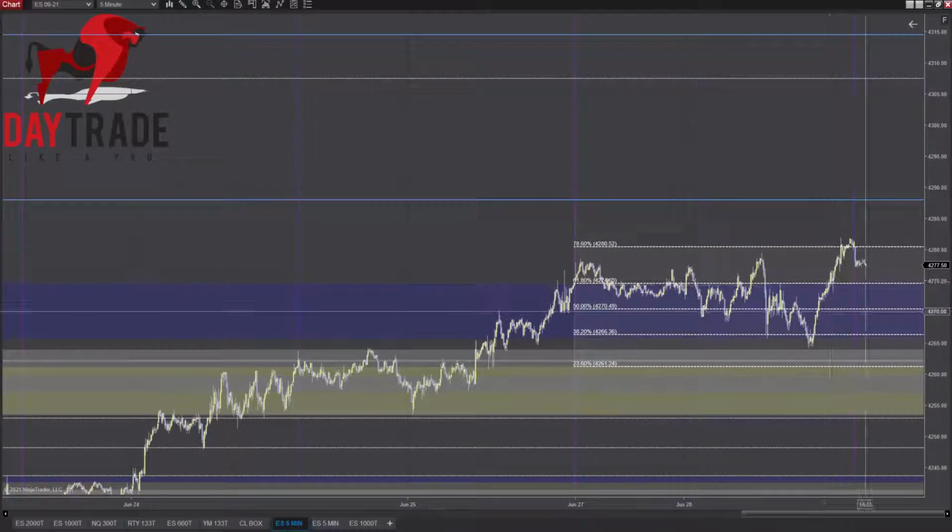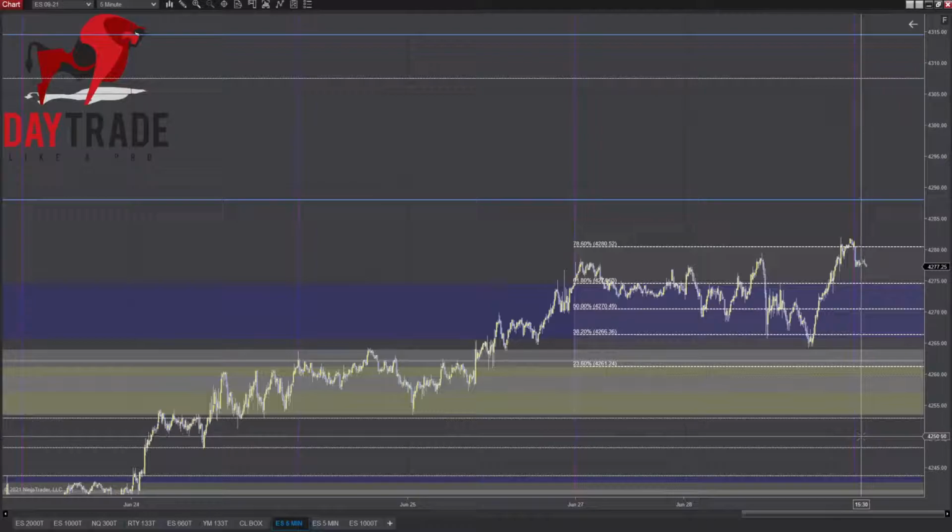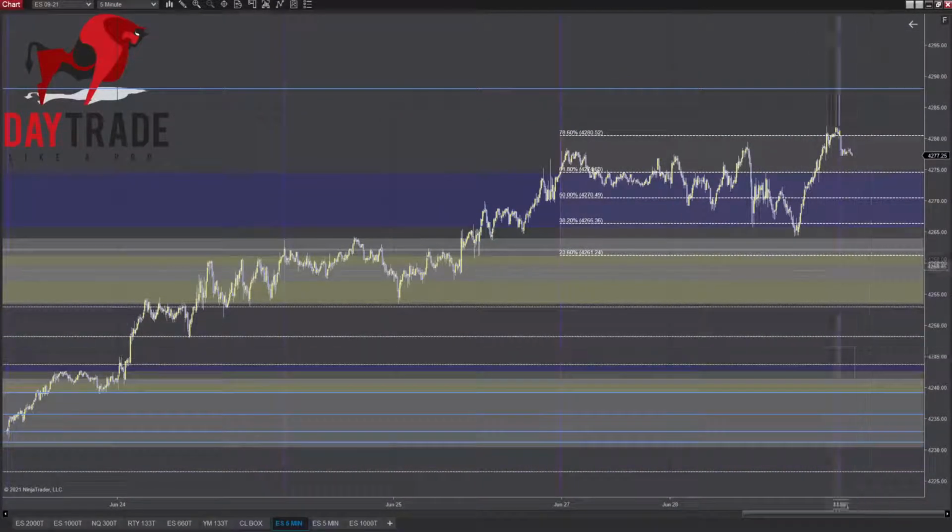So ideally, it would be great if they would hold above the 70 and a half. And it's not out of the question that we could come back into the 61 and a quarter area, and much lower than that, we obviously have. But notice here, 3 KPs, and a bunch of CPs here. So there's a lot going on down in this area.